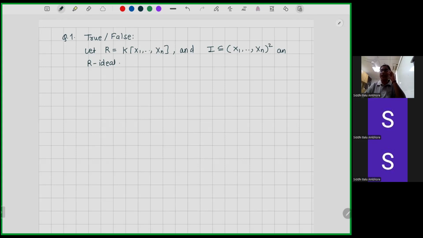So this R is a polynomial ring in n variables, and this I is an ideal contained in the ideal generated by the squares of the variables.